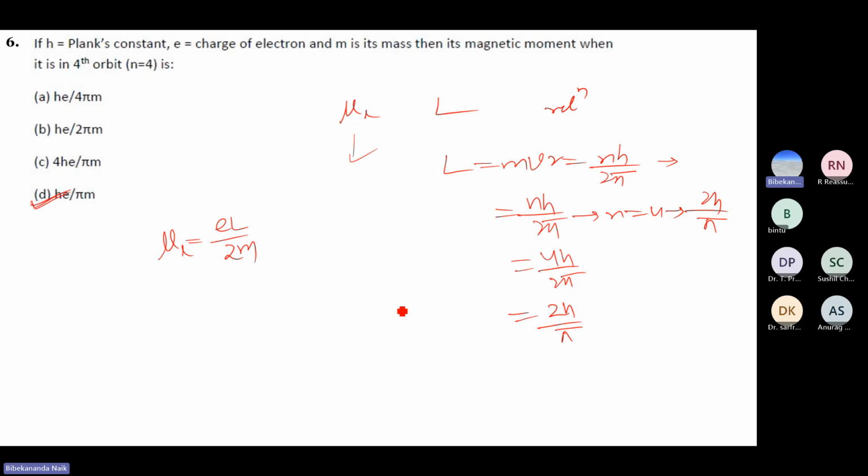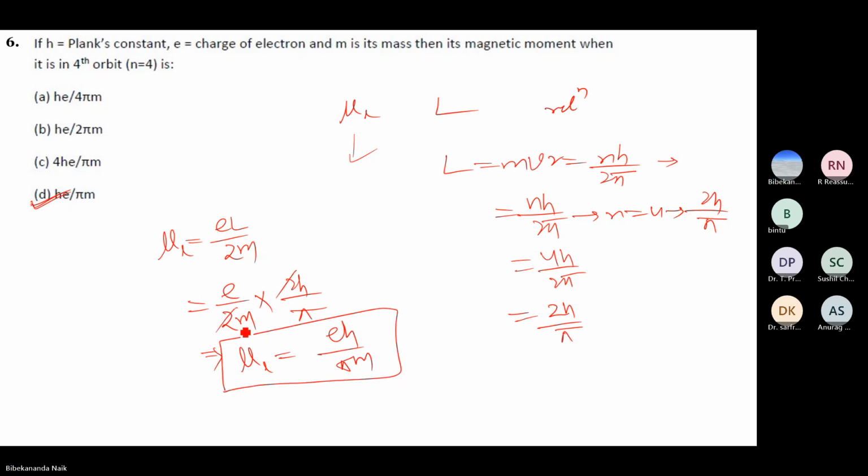So simply you put the value of L here, it will be E by 2m into 2h by pi. So 2 gets cancelled out. Mu L will be eh by pi m. So this is the expression for magnetic moment in the fourth orbit according to Bohr's theory. So the correct option will be option D, eh by pi m.